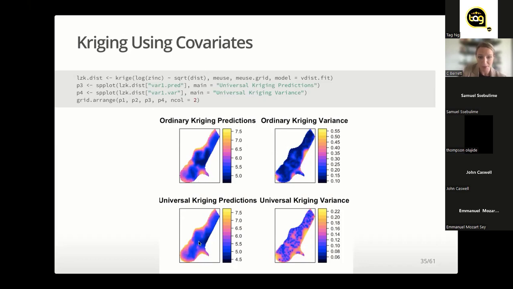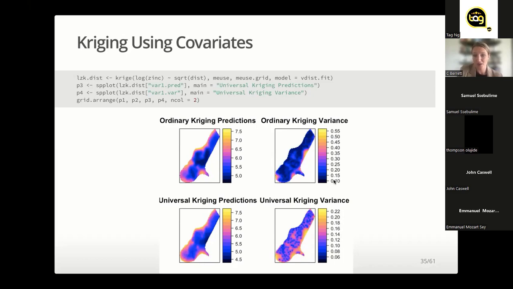Now, when we look at the predictions on the left side, the predictions look pretty similar, which is a relief, right? We don't want them to look too different. We expect them to look a little different because we fit different models. But the biggest difference that we see is in the uncertainty or the variance. We've reduced that variance quite a lot.